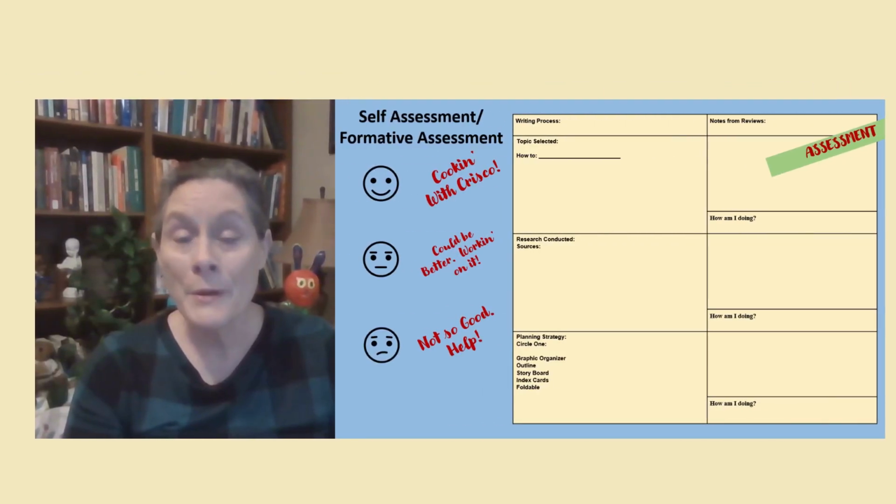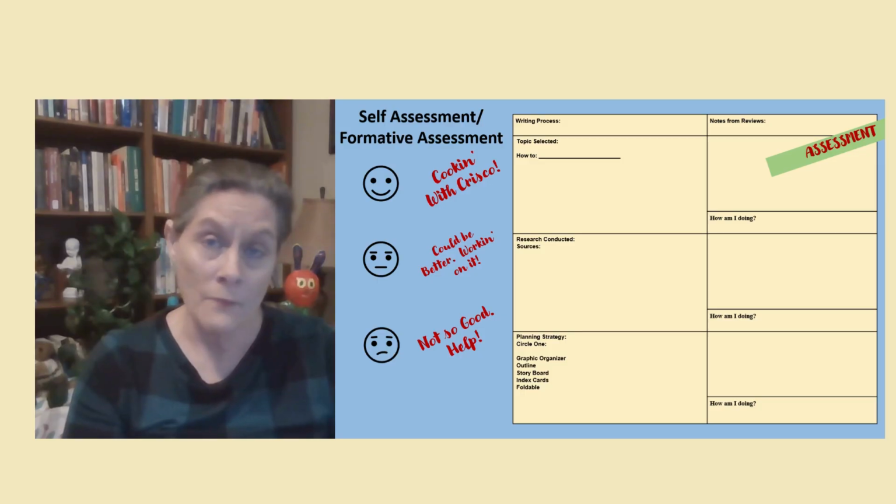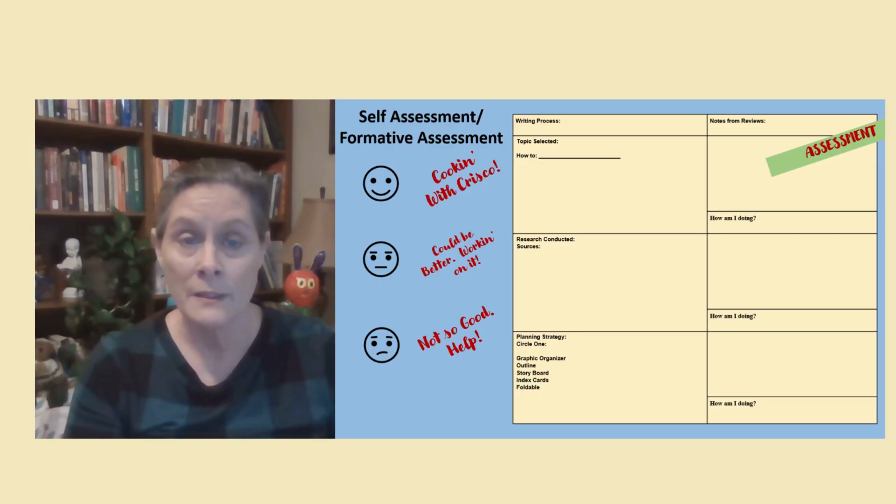A vital component of differentiated writing instruction includes opportunities for students to assess themselves and their own work, and to create an opportunity to share their work in some form, which I'll discuss momentarily.